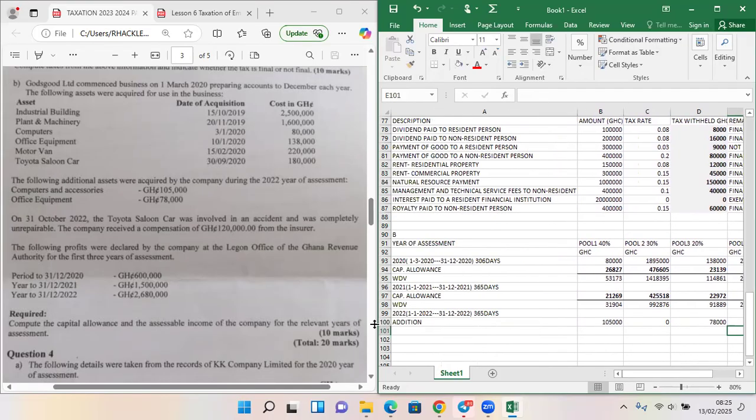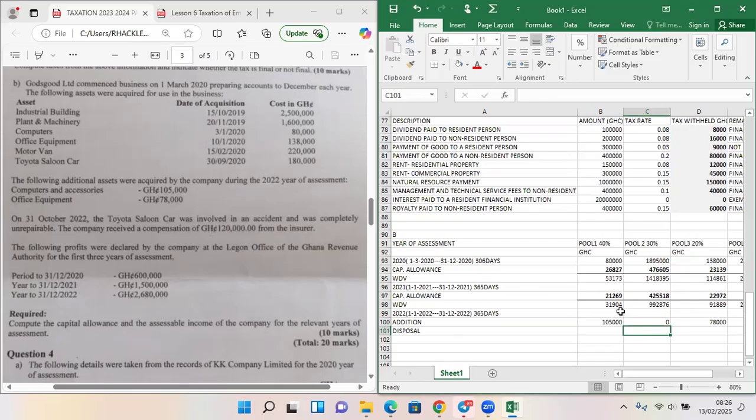Then there were some subtractions or disposals. The disposal was the Toyota saloon car that had the accident, and it is in pool 2. And this is what I don't understand about the tax man. When the car was 180,000, you say you won't apply 180,000 on it. But when the person was compensated 120,000, that's what we are going to write here.